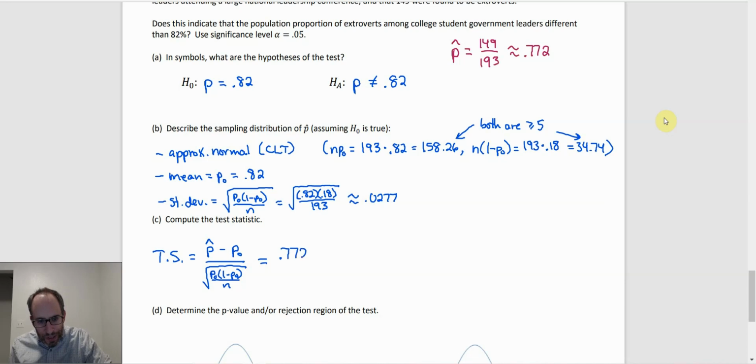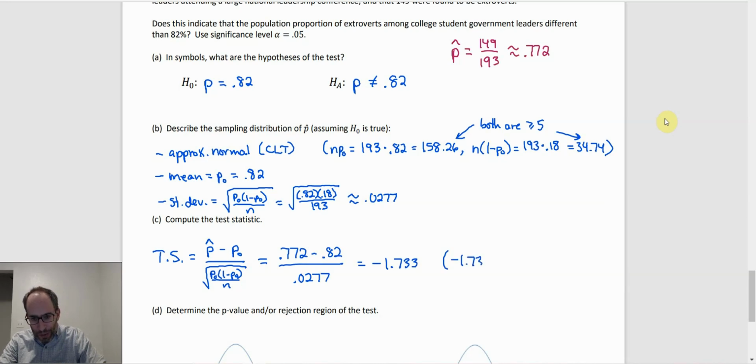So we'll have 0.772 minus 0.82 over 0.0277. And what that works out to is about negative 1.733. And what you get with no rounding is negative 1.735.